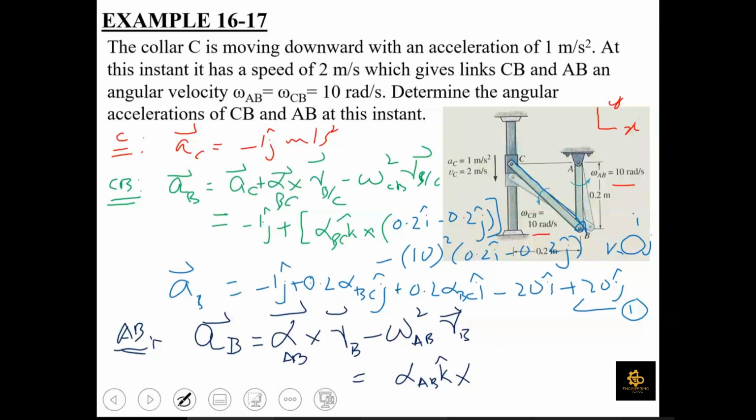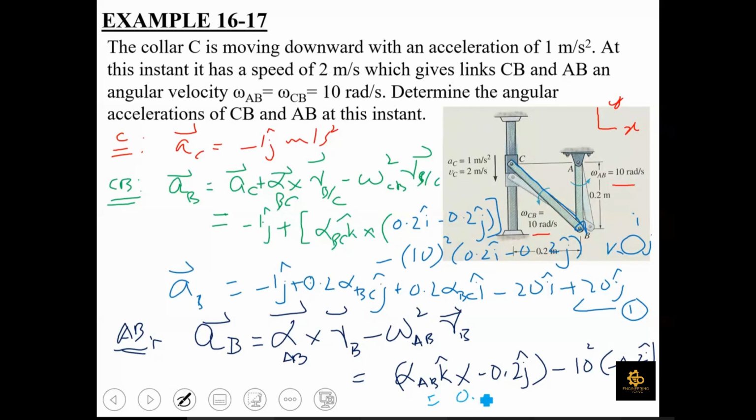What is RB here? Minus 0.2 J. So minus 0.2 J minus 10 square minus 0.2 J, and further solving it, आपके पास जो further solution आएगा alpha cross R minus 0.2 alpha AB, K cross J is basically minus I, so it would become positive.